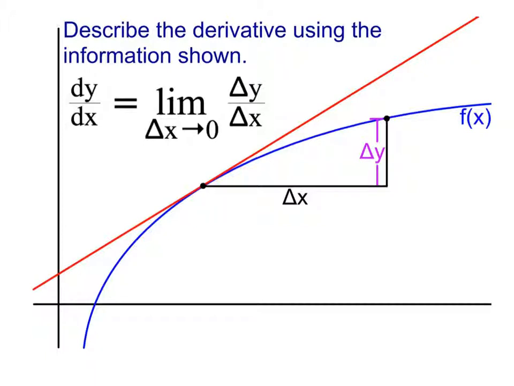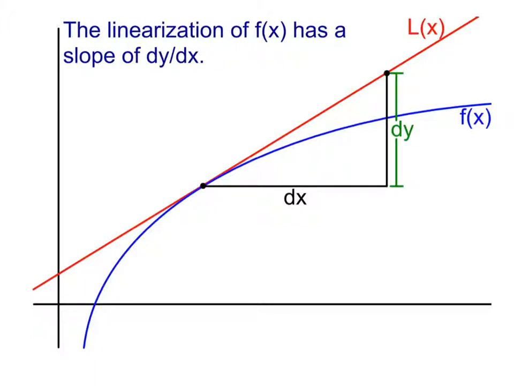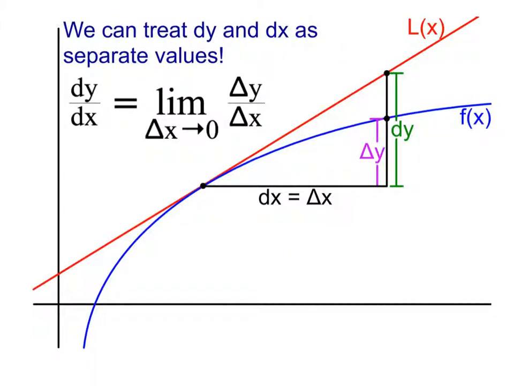Well, the tangent line then is the dx and the dy. Because the slope of the tangent line is dy over dx, because that's the derivative, right? And so dy over dx equals the slope of the tangent line. And so you'll notice that we have delta x and delta y, and we have dx and dy.